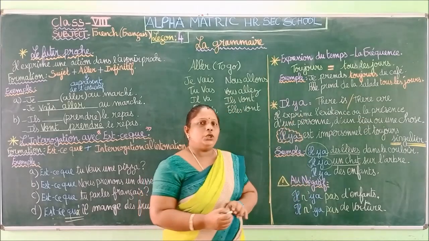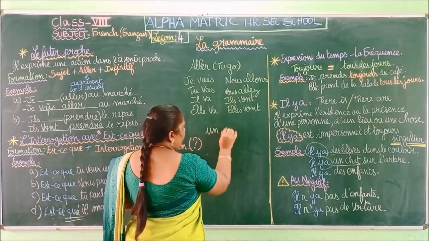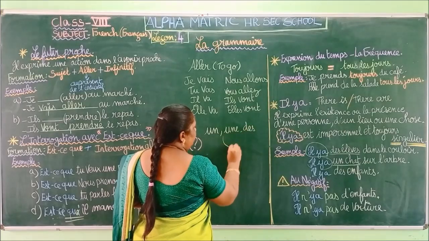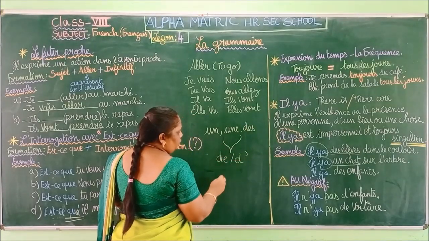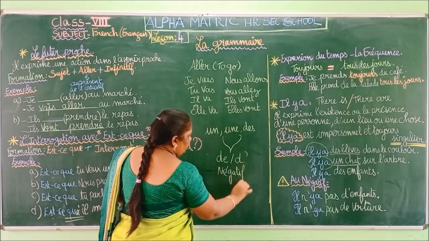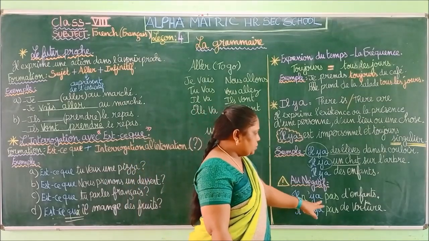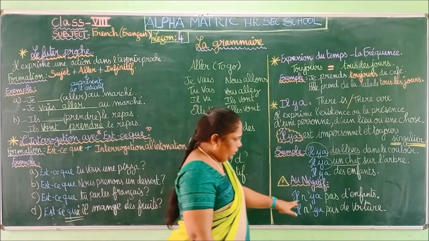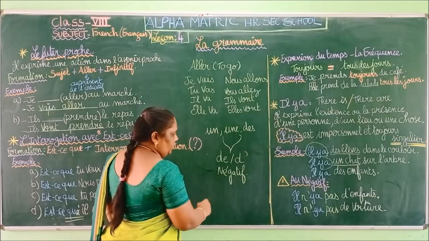It changes into de or d'. So un, une, des will be changed as de or d apostrophe in a negative form. Okay, so I am going to show you one example. Il y a. So what is this sentence here? Il n'y a pas d'enfant. So the sentence without negation, what will be?